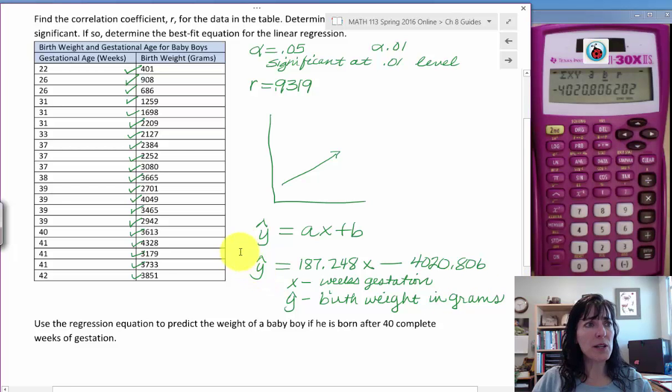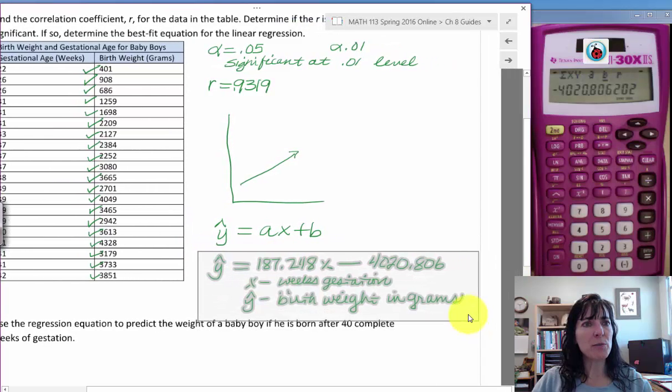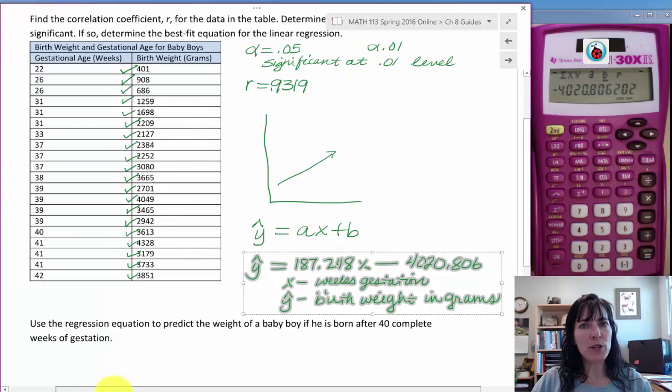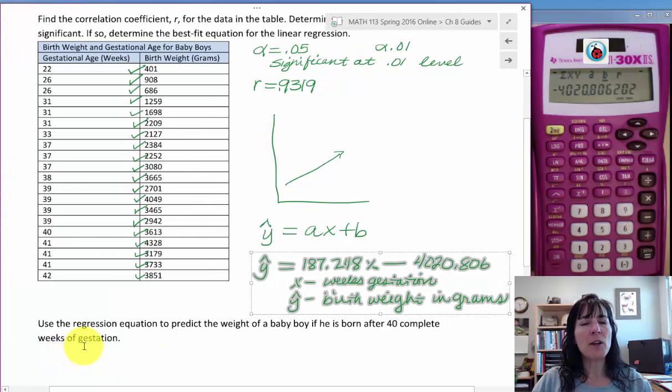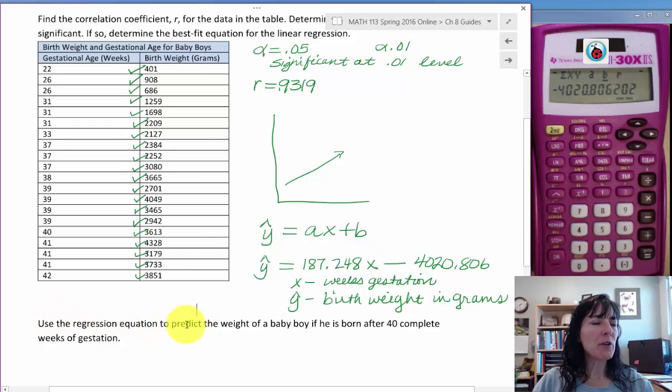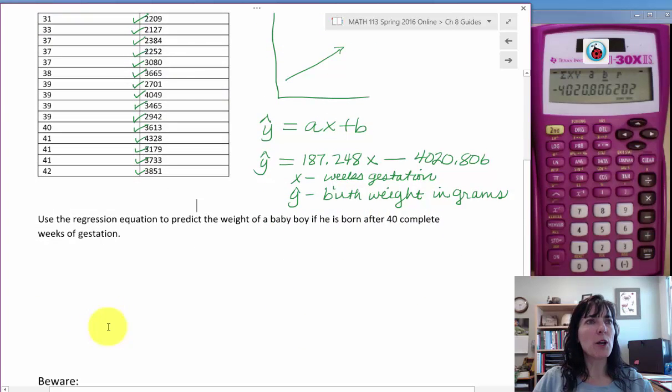Now with these three pieces of information, I can use this regression equation to make predictions for different babies that are in the same interval. Use the regression equation to predict the weight of a baby boy if he's born after 40 complete weeks of gestation.